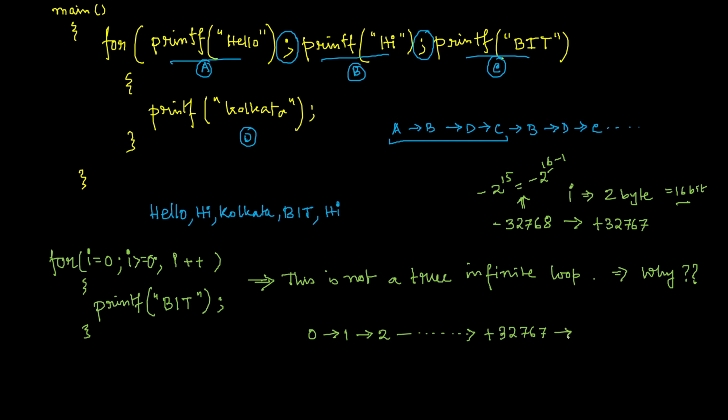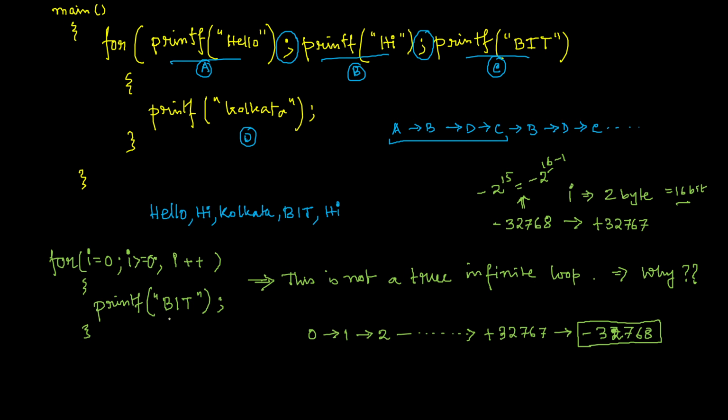Mathematically, we have seen in the previous class that data type values are presented in a circle, right? And there the next value will be minus 32,768. So as soon as i becomes minus 32,768 the condition will become false, because that negative value is never greater than or equal to 0.